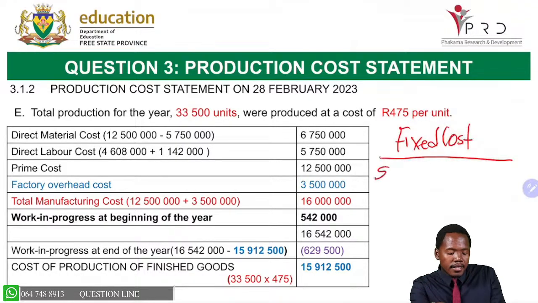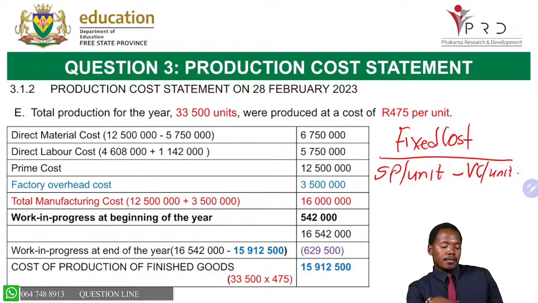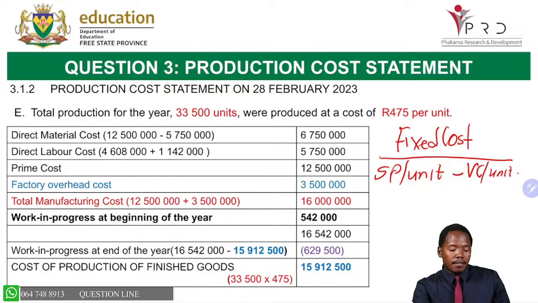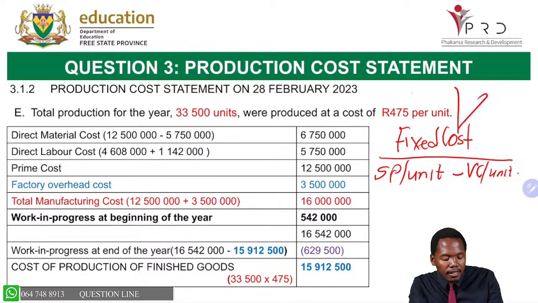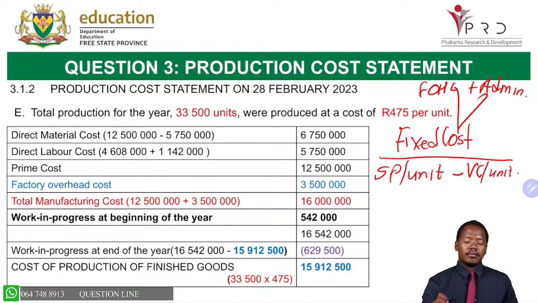Divide by selling price per unit minus variable cost per unit. Remember what is fixed cost? Fixed cost is factory overheads plus administration.